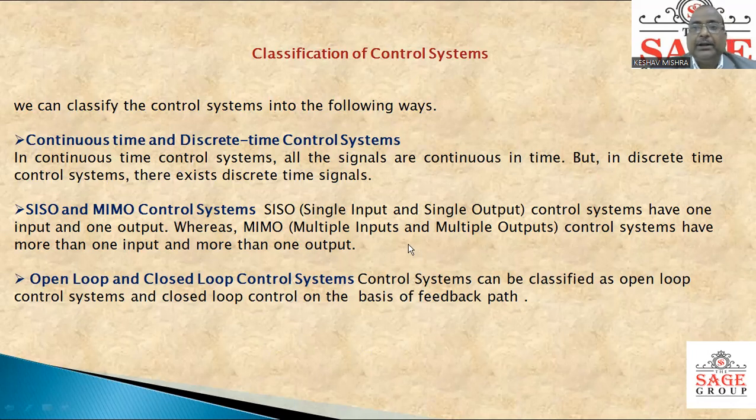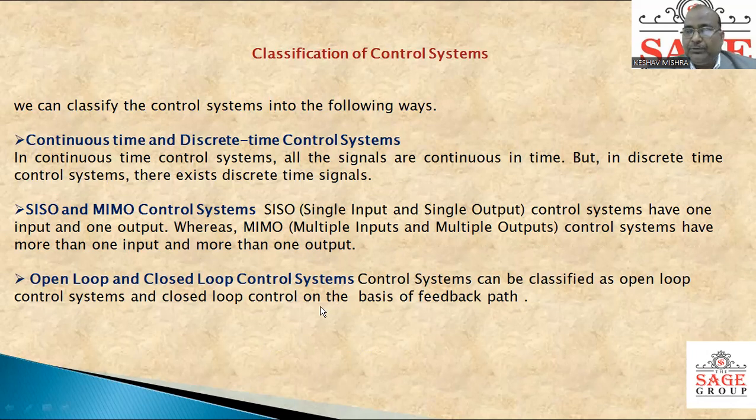Another category of control system is SISO and MIMO. SISO stands for single input and single output control systems, and MIMO for multiple input and multiple output control systems.